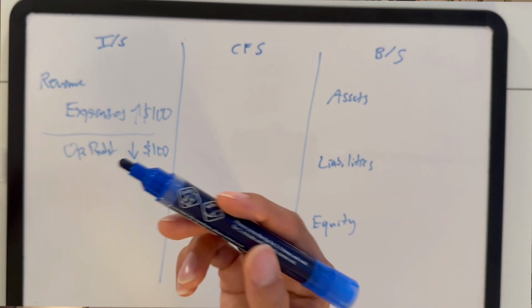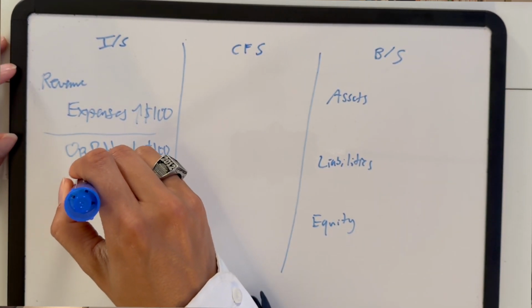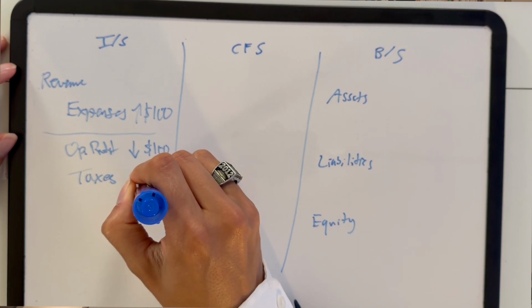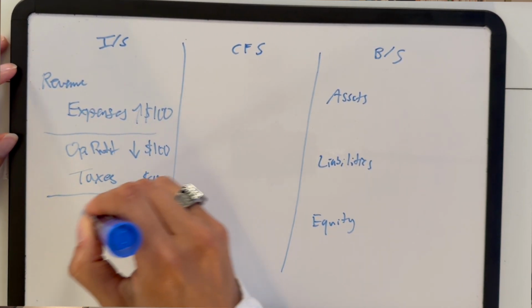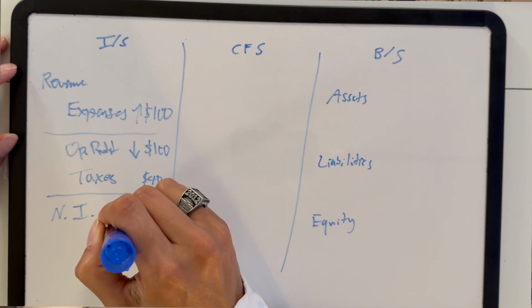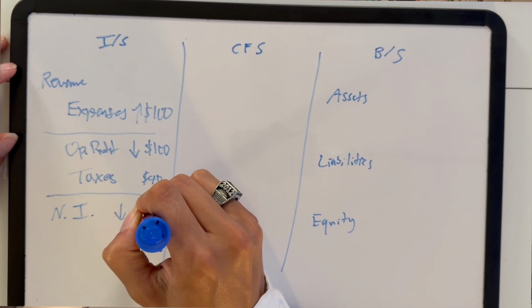Now let's assume a 40% tax rate. So that's going to be $40 of taxes, and then our net income is going to go down by $60.